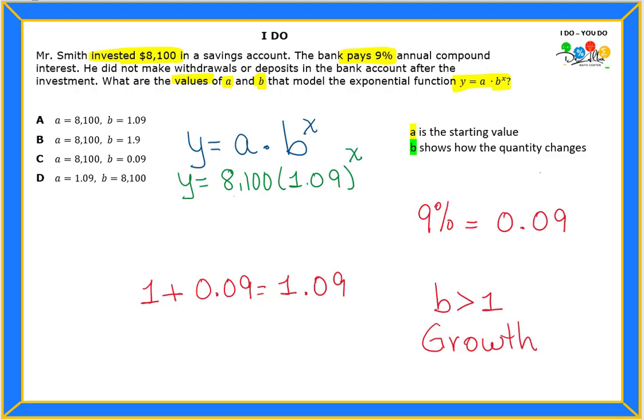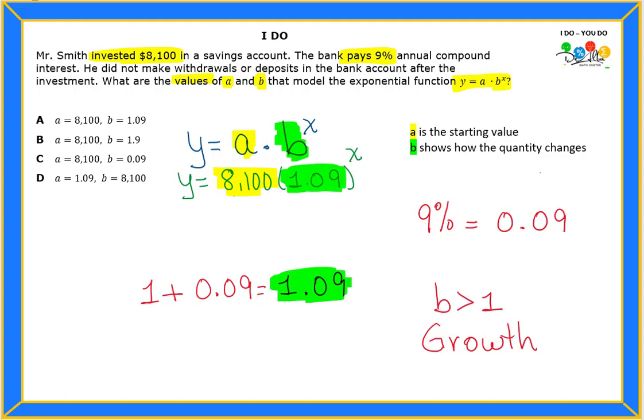So now I know that A is 8,100. B is the change that is happening, right? How fast is this going to be growing? It's going to be 1.09, okay? Which is what I got right here. How do I get that? By adding the 1 plus the percent of the change, okay?